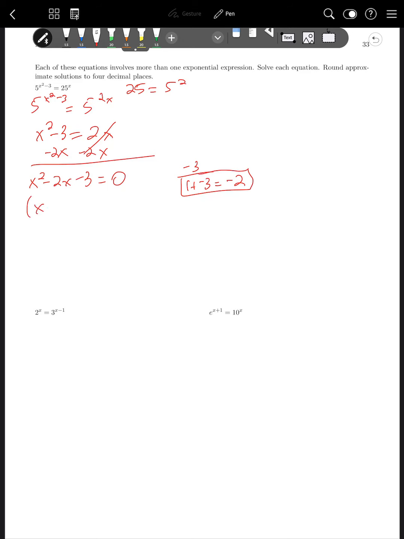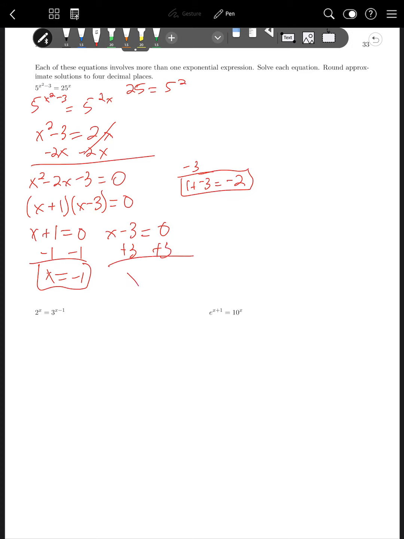So this would be x plus 1 times x minus 3, and so we get x plus 1 equals 0, and x minus 3 equals 0. So x equals negative 1 and x equals 3. Okay, so that's the idea.